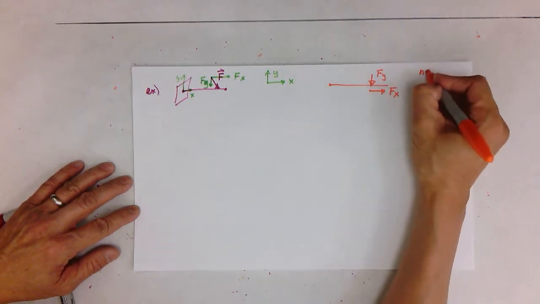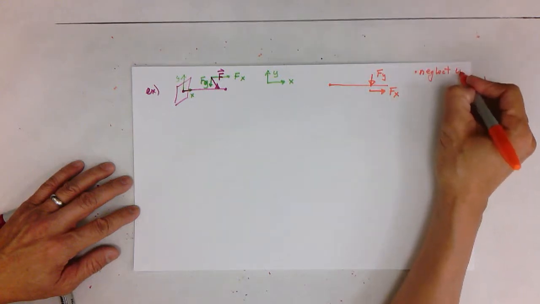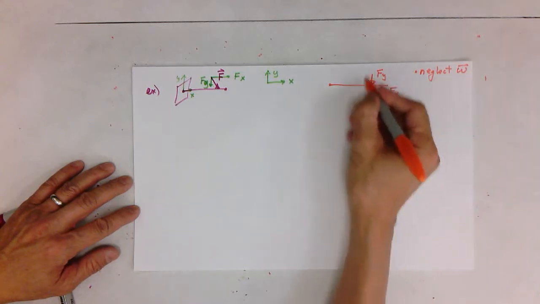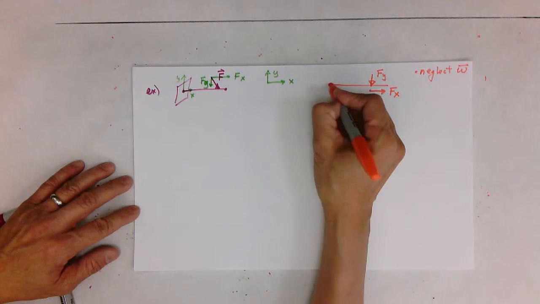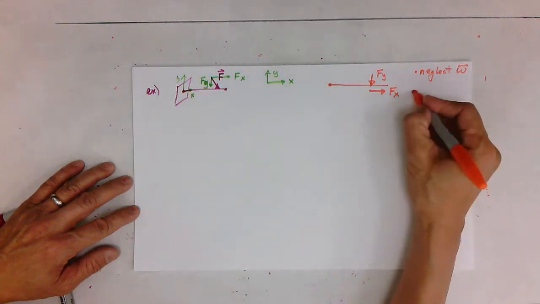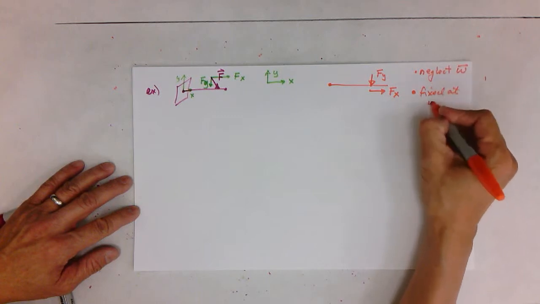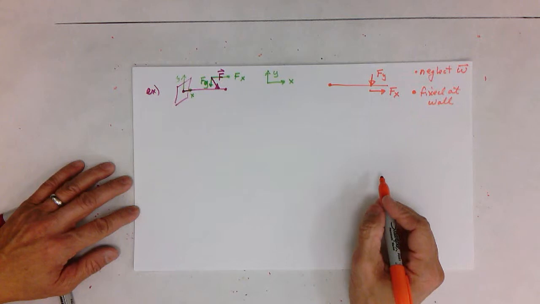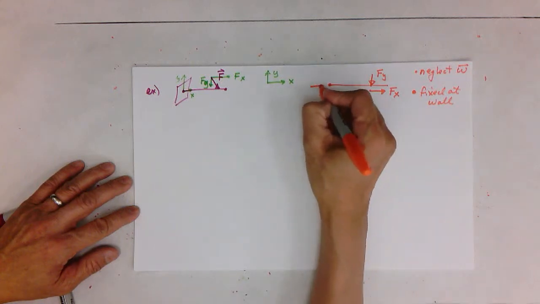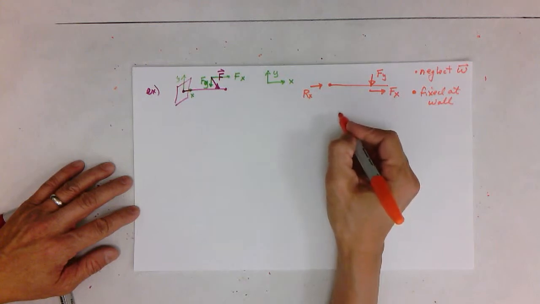Let's neglect weight. Using our engineering judgment, we say the weight is small relative to these applied forces. Now looking at the boundary condition, I'm going to assume fixed at that wall. Recall that means there's no translation and no rotation. To enforce that, I have a force that's going to hold it in place here.